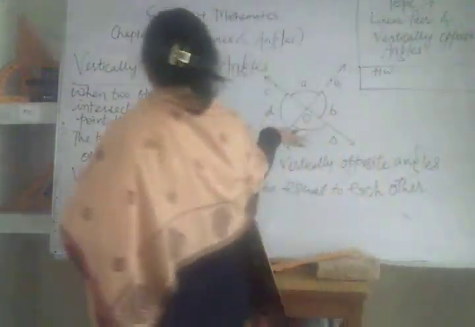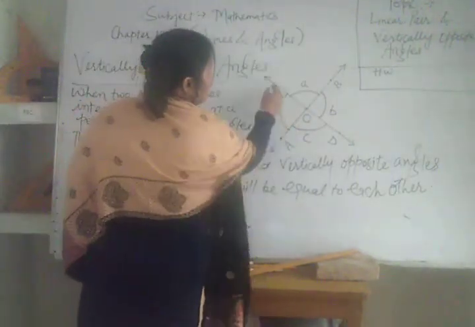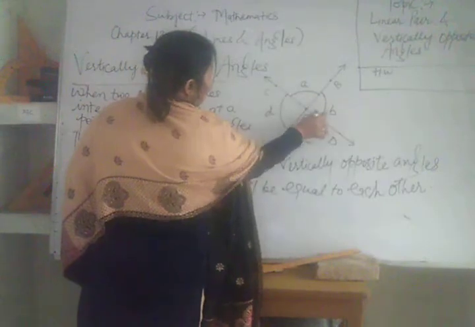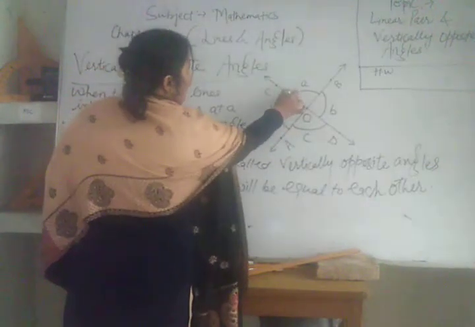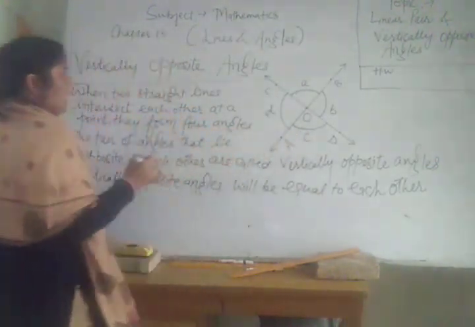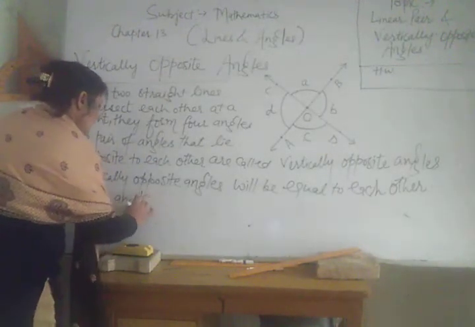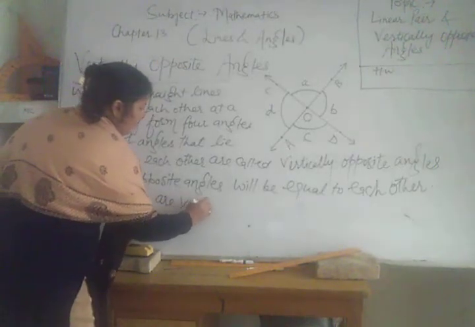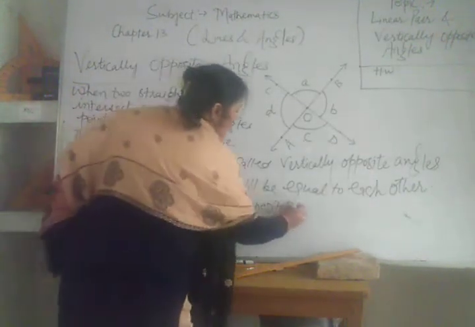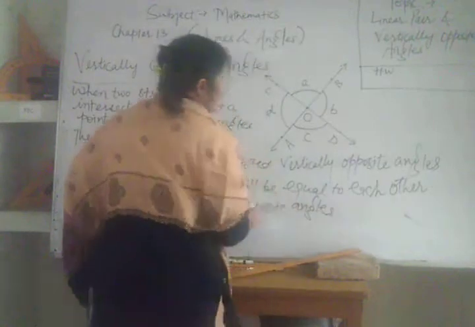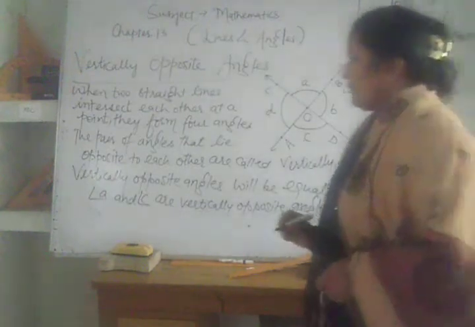So how many angles are formed in these intersecting lines? Angle A, angle B, angle C, and angle D. Angle A and angle C are vertically opposite angles, then angle A is equal to angle C.